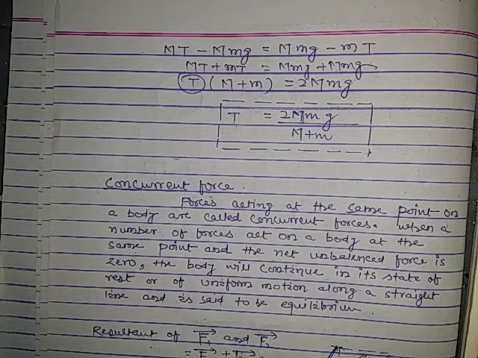When a number of forces act on a body at the same point and the net unbalanced force is 0, the body will continue in its state of rest or of uniform motion along a straight line, and it is said to be in equilibrium.